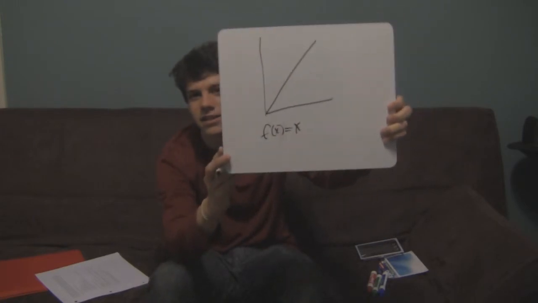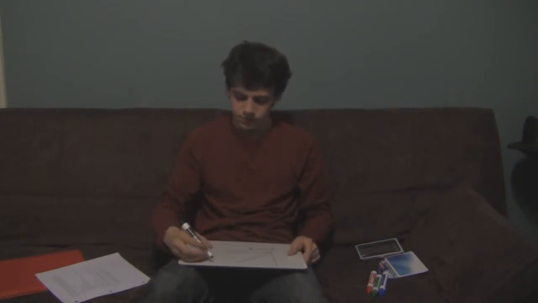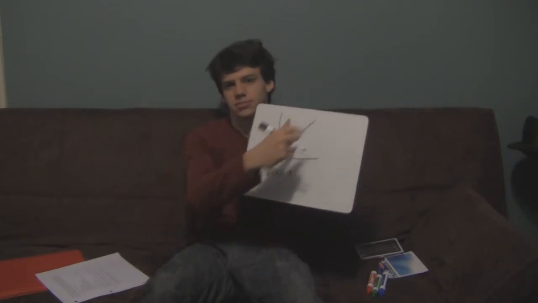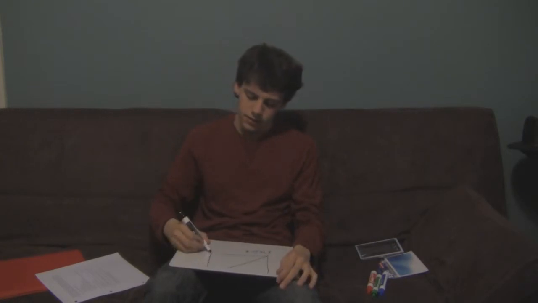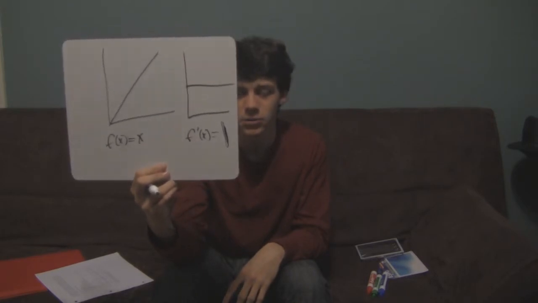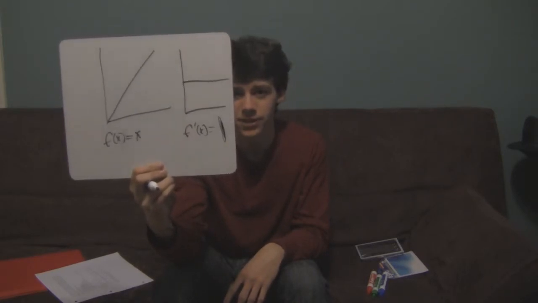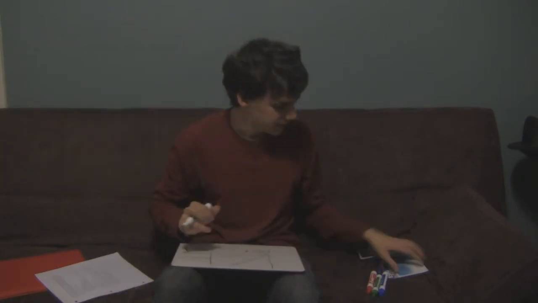You got the little slope. And the slope of that line is just 1, because that's the slope of the line, and it's always the same. So your derivative of that, or f prime of x, would just be 1, and that's what the graph would look like. It's a pretty basic concept.